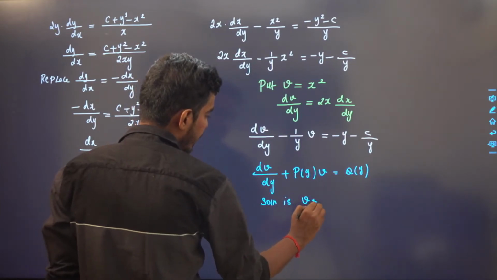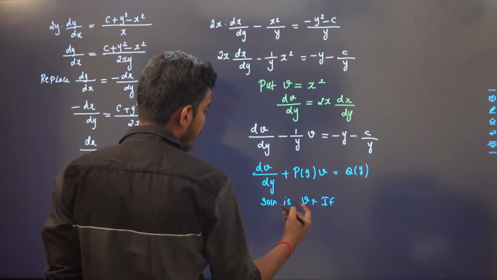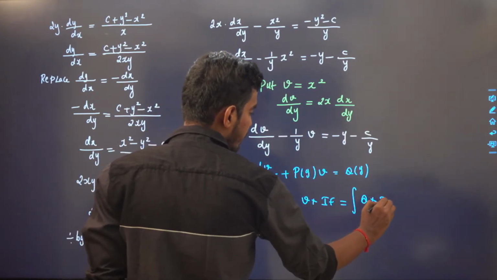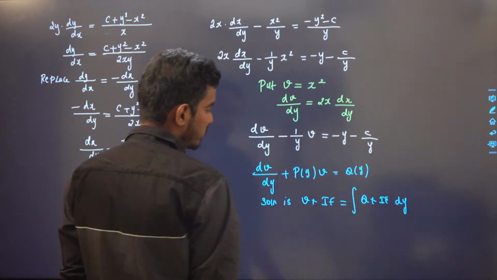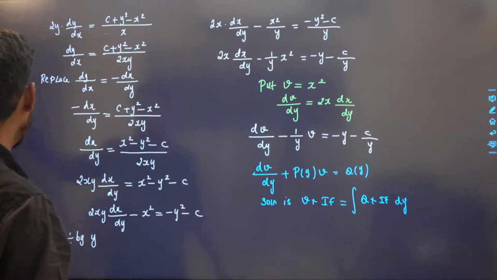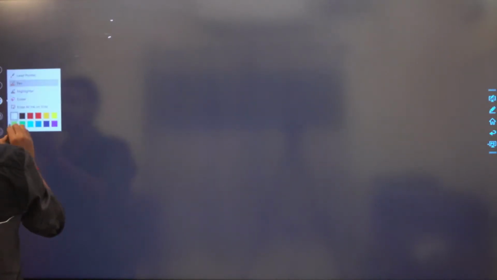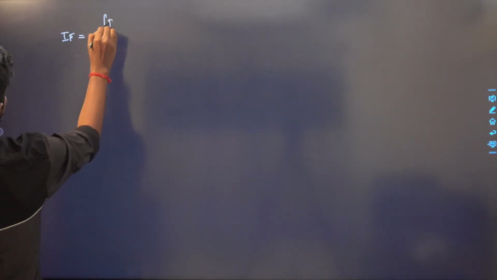Okay, so therefore the solution is v into integrating factor equals integration of Q into integrating factor dy. This is our solution. So what is our integrating factor? Integrating factor is e power integration of P dy.